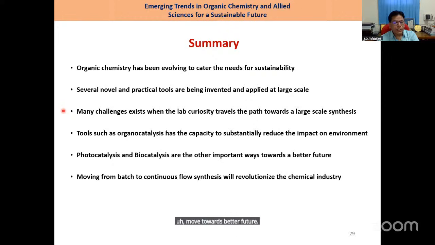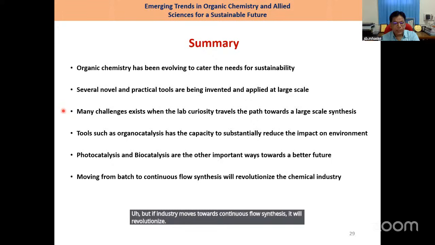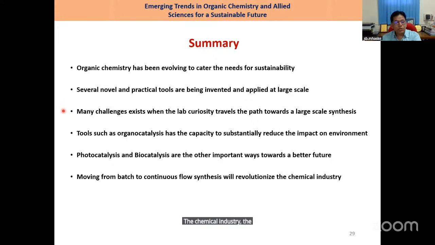The last one is purely an engineering aspect. Currently, most of the drugs are produced using batch chemistry, batch synthesis. But if industry moves towards continuous flow synthesis, it will revolutionize the chemical industry. Flow is not a new concept.